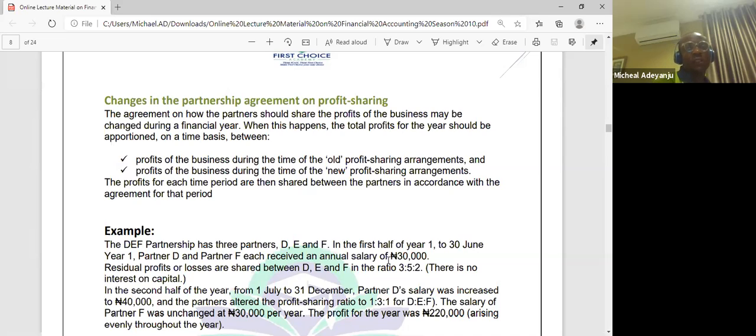So the agreement on how the partners should share the profit of the business may be changed during the financial year.